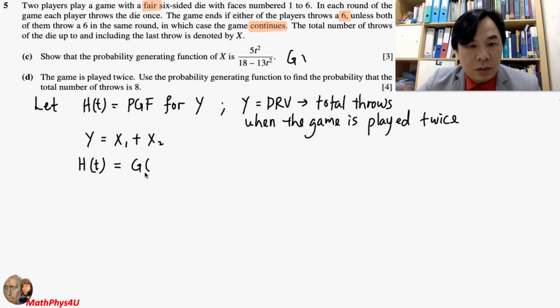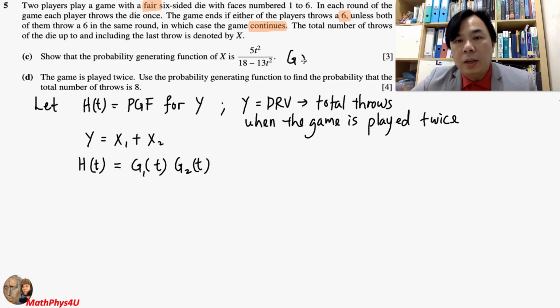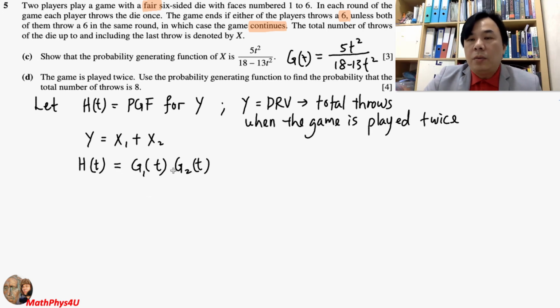I will rather write it down as g1(t). Sorry, so g2(t), whereby the probability generating function that represents x is given as such. I just rewrite that one more time. Okay, so this is the product of the two probability generating functions that represent x.